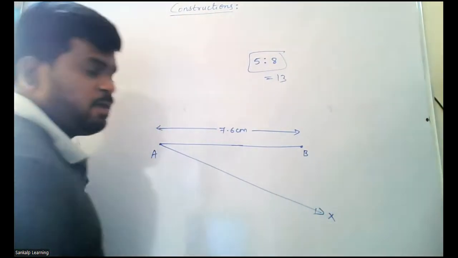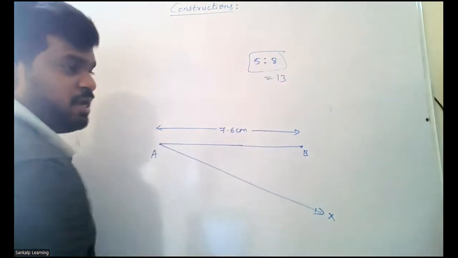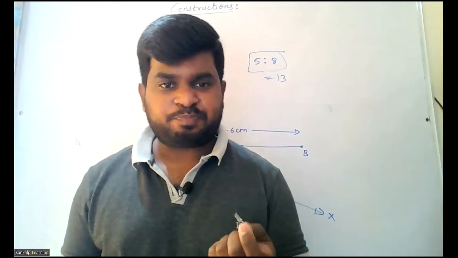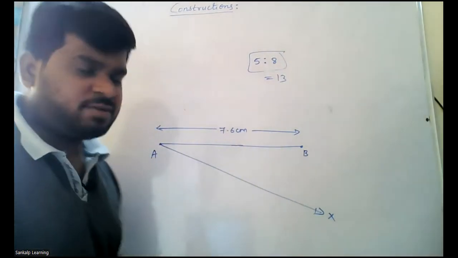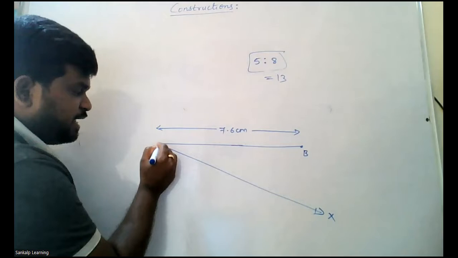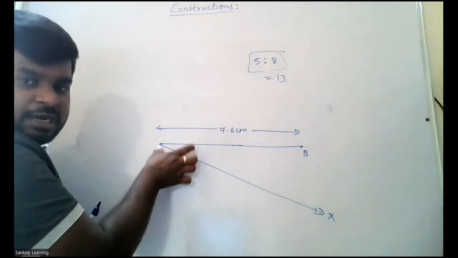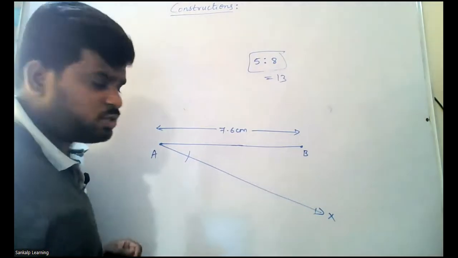AX is a ray. Since we need 13 parts, I'm going to cut 13 arcs. Take any measurement; 1 centimeter or 1.5 is enough. With the help of the compass, take A as the center and cut an arc for 1.5 centimeter or 1 centimeter, any measurement, it's your wish.